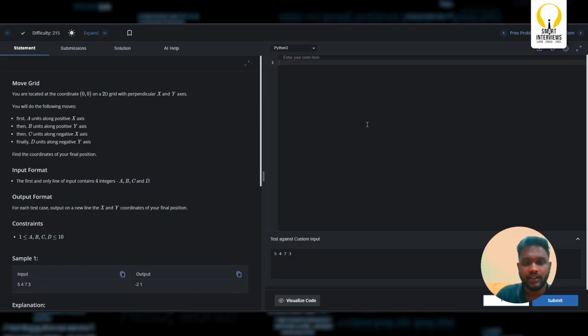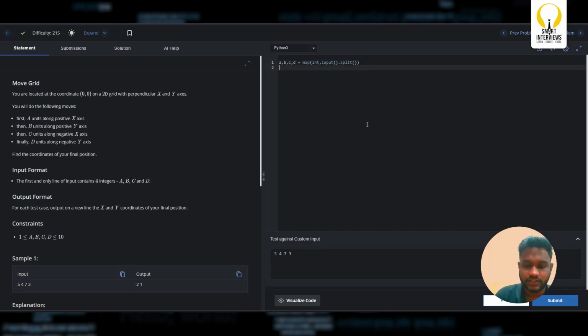Yeah, so this is our question. Let's try to solve this. Simply we have four inputs A, B, C, and D, so we'll just take the input of them, input dot split.